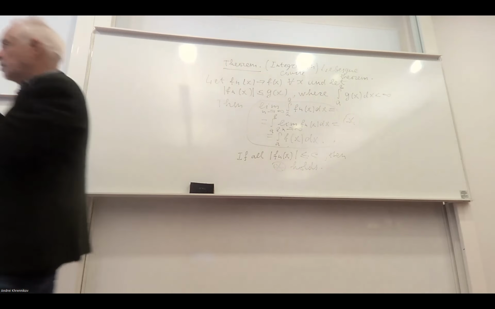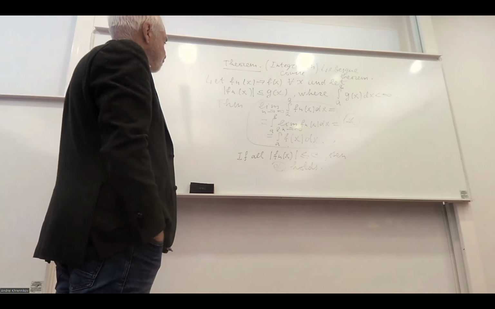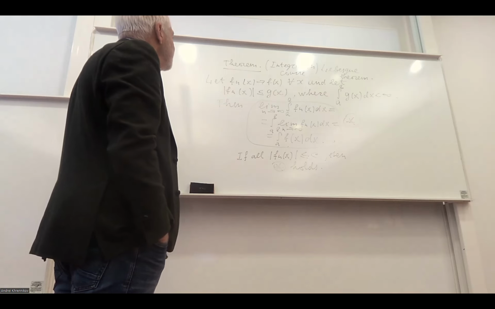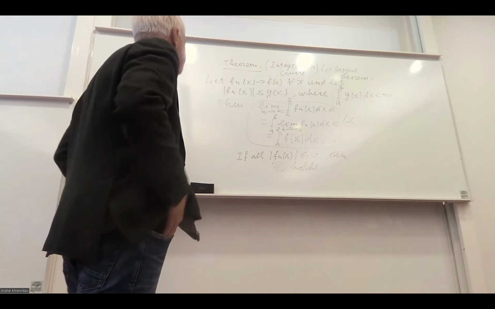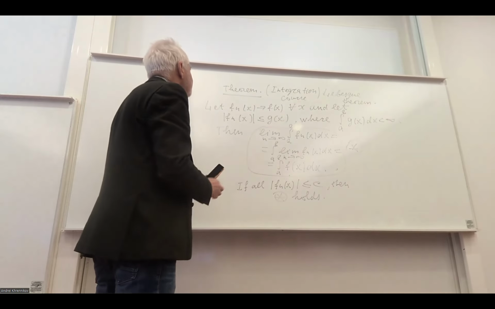So if a sequence of functions is bounded by some constant and converges pointwise, then we can exchange integral and limit. So if you want to construct a counterexample, then it should be a sequence of unbounded functions. So now we are going to give such a counterexample.